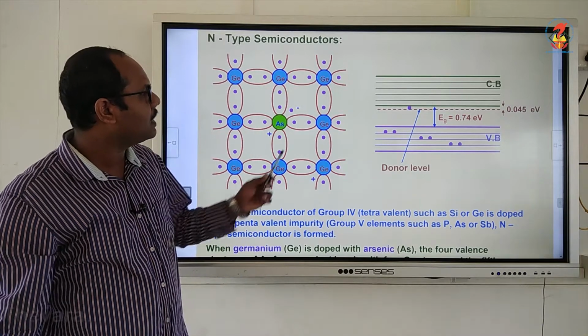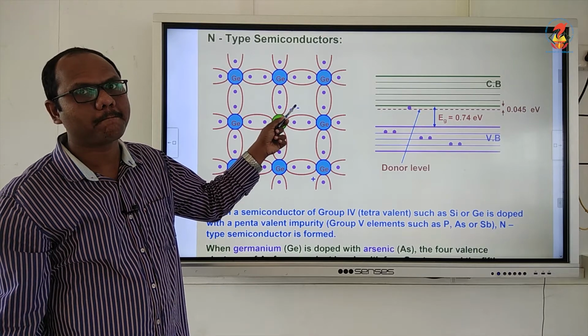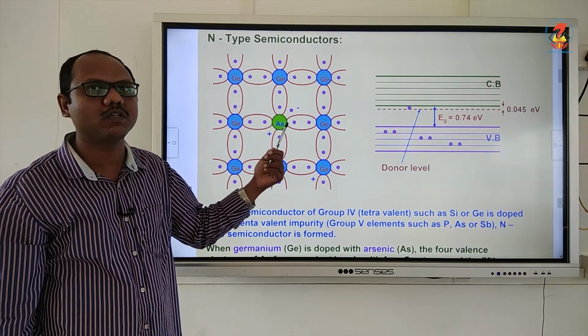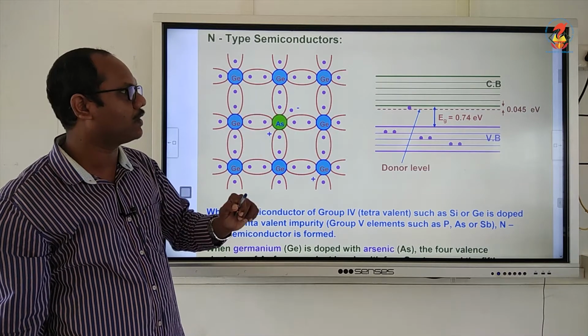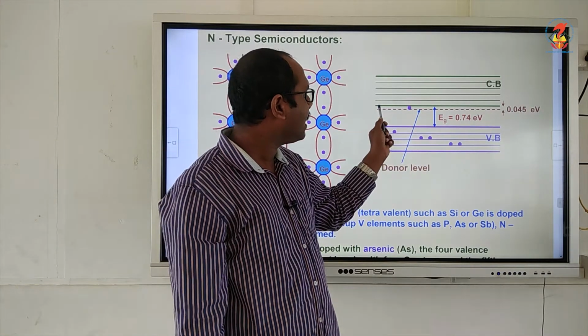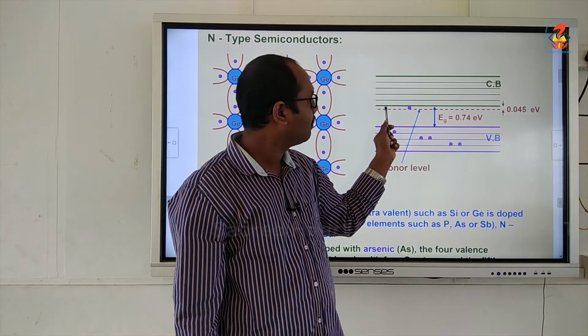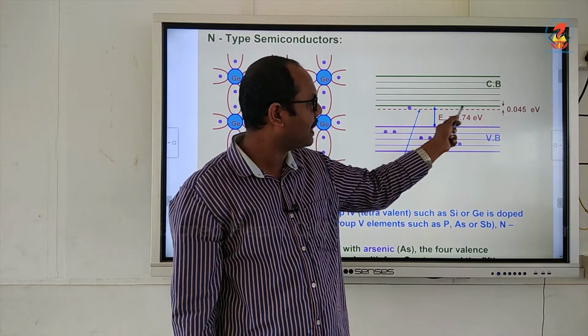Now you can see here a 5th electron is left free. This electron cannot make any bond. That electron will stay in a very small energy level which is marked here with a dashed line.